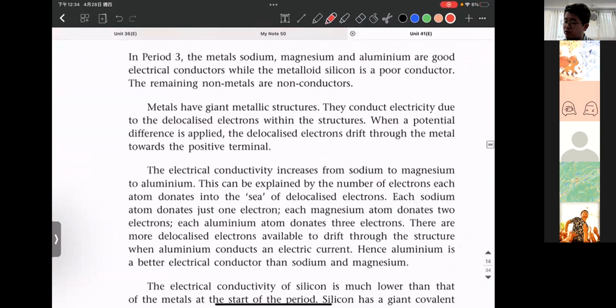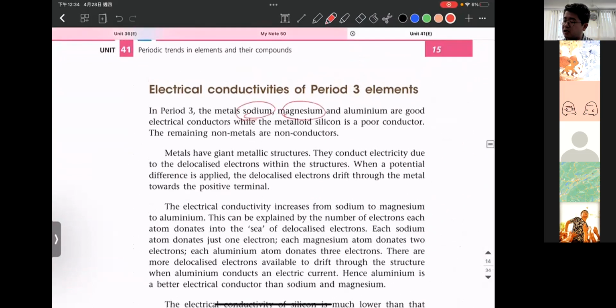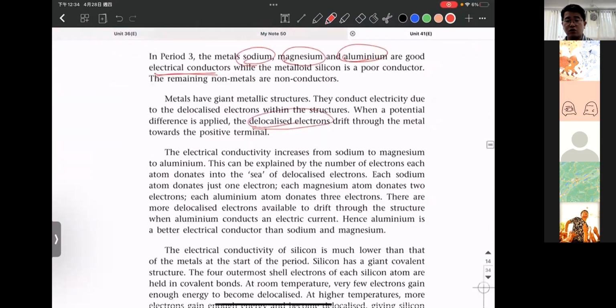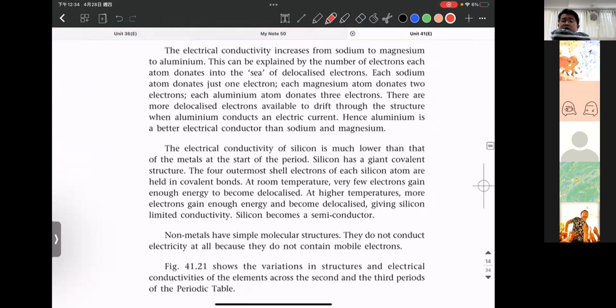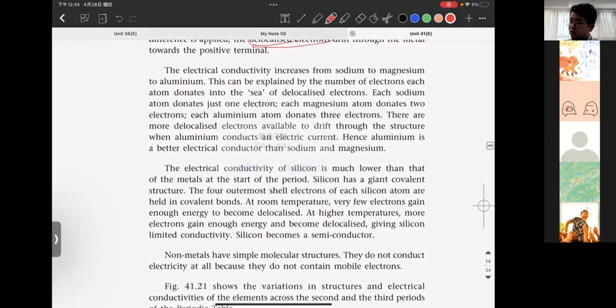How about period 3? In period 3, we focus on sodium, magnesium, and aluminium. When you compare these with other non-metals and semi-metals, they are relatively good electrical conductors because of the presence of, again, delocalized electrons. Our focus is on the variation from sodium to magnesium to aluminium. It is explained by the number of delocalized electrons each atom donates.